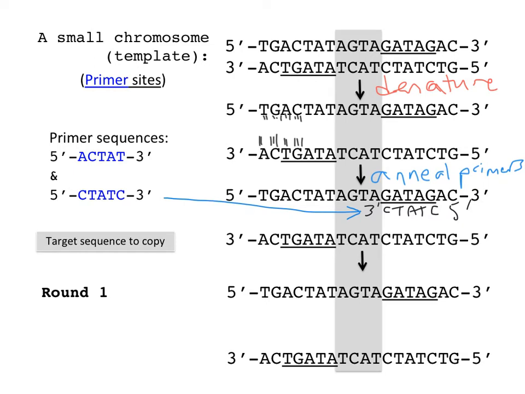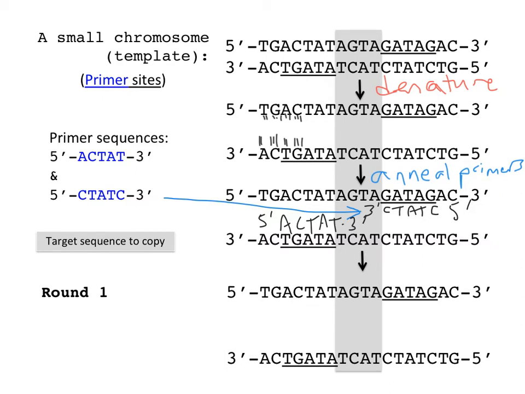The other primer must anneal over here from its 5' end, A, C, following the rules of base pairing, ACTAT, 3'. Question: when you're denaturing the DNA, how do you know that the primer sequence you've identified will come back together and align in the same way?